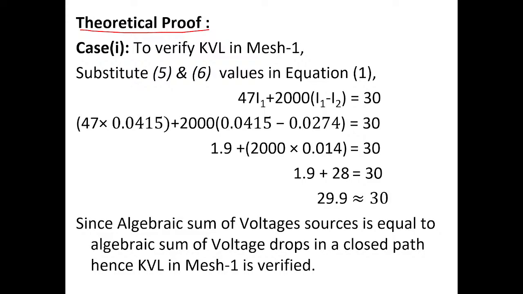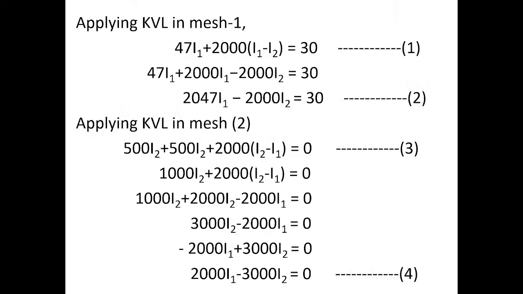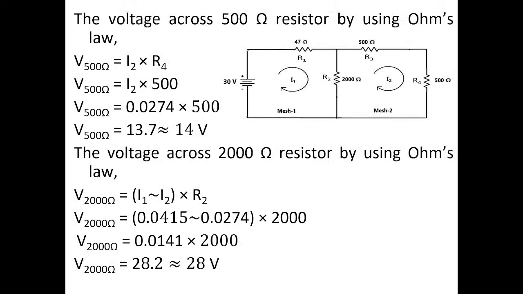Let us consider equation 1. What is equation 1? 47 I1 plus 2000 (I1 minus I2) equals 30. That is equation 1.